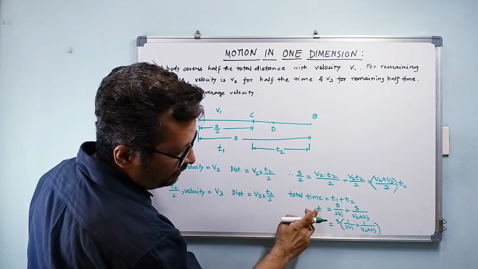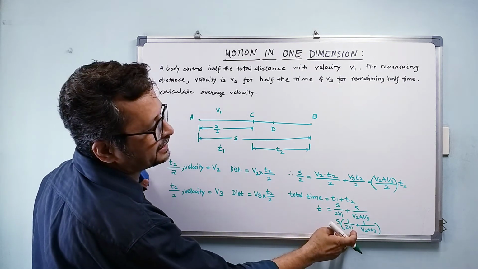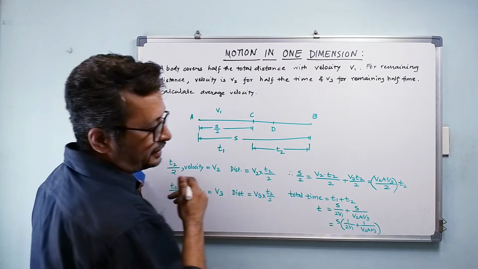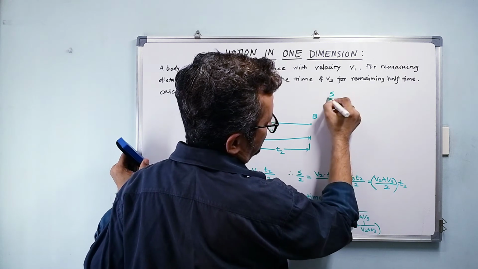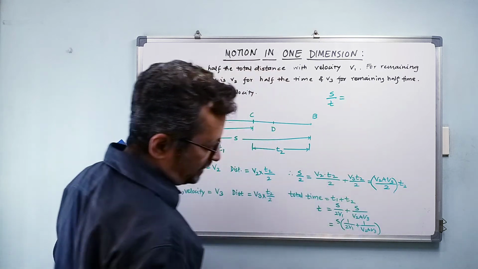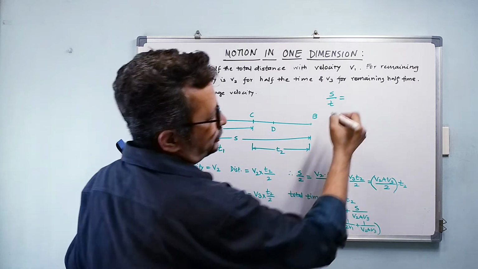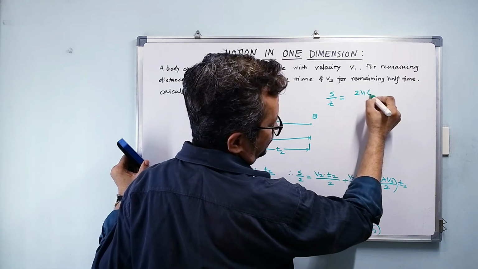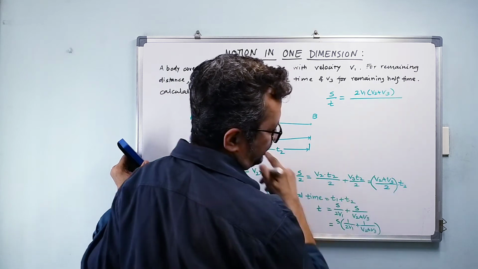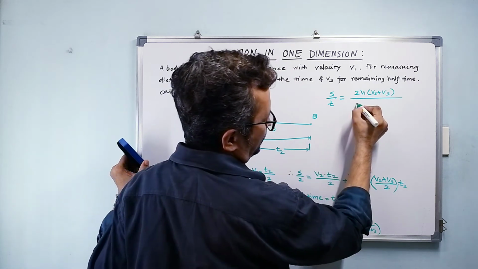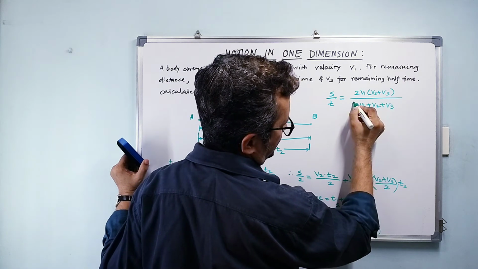So now I am going to take this T below this S and then take this entire quantity over there. So S upon T would be equal to, how much? 2v1 into v2 plus v3 divided by 2v1 plus v2 plus v3. Correct?